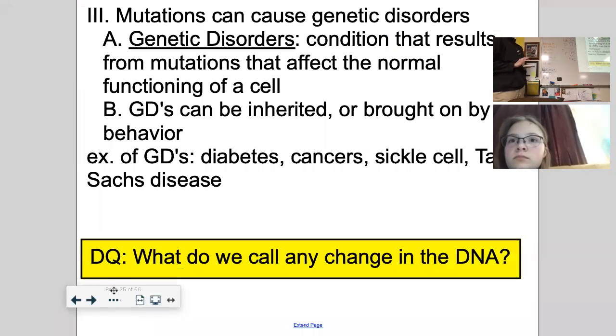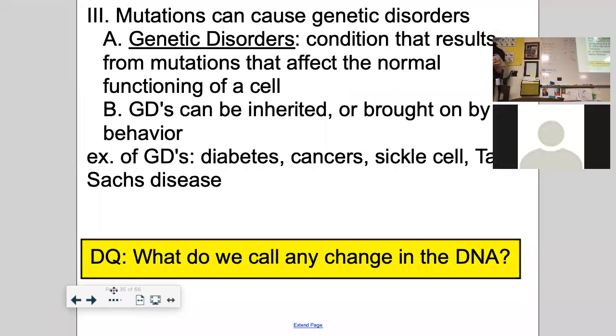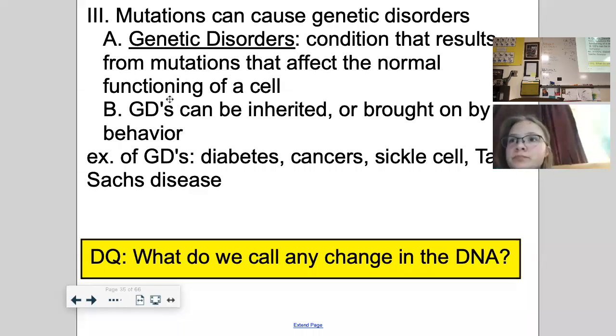Okay, one more slide and then we'll read out of the book. So as you saw in that video, mutations can also cause some genetic disorders. A genetic disorder just means a condition that results from some type of mutation, and it's going to affect how a cell normally works. They can be inherited, so passed on from your parents, or brought on by behavior.